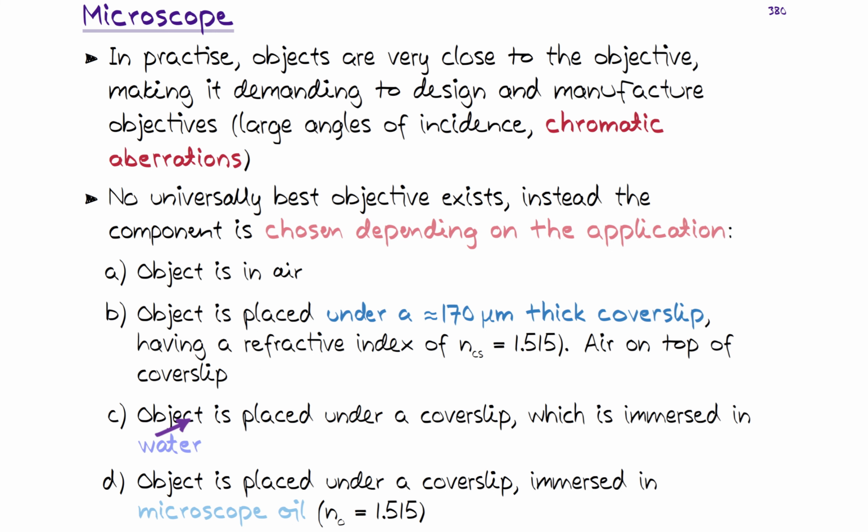So for example, you have water immersion objectives. They are specifically designed for a scenario where you use them with water immersion. Then you have oil immersion objectives, and you cannot use them with water that much, so you need to use microscope oils. And then you have air immersion objectives, where you do not use water or microscope oil at all between the sample and your objective, and so forth. So there is a plethora of different possibilities when you are performing imaging.